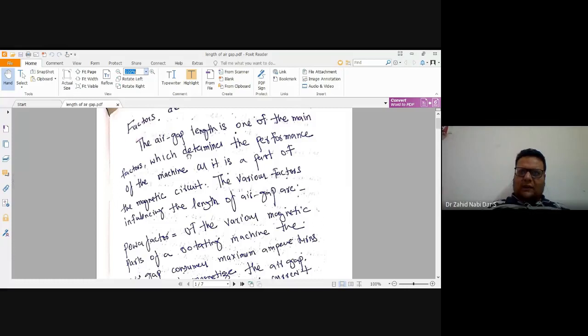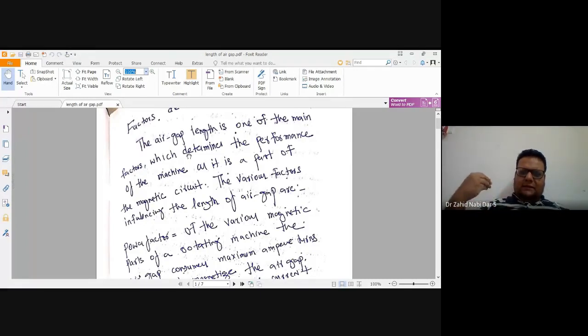As you have studied in previous classes, if your stator voltage is 400 volts, then E rotor would be slip times E stator, and this slip is the relative motion between the magnetic flux of the stator and the rotor.